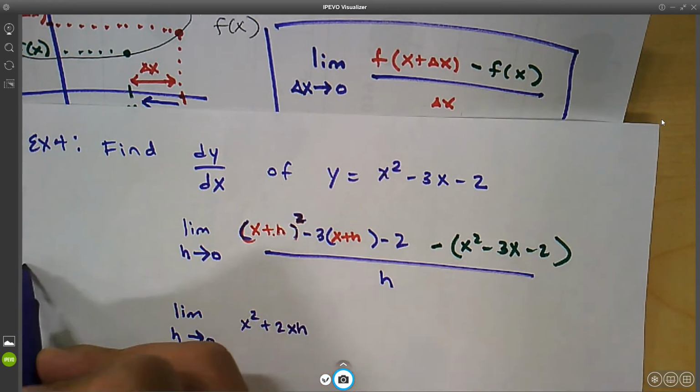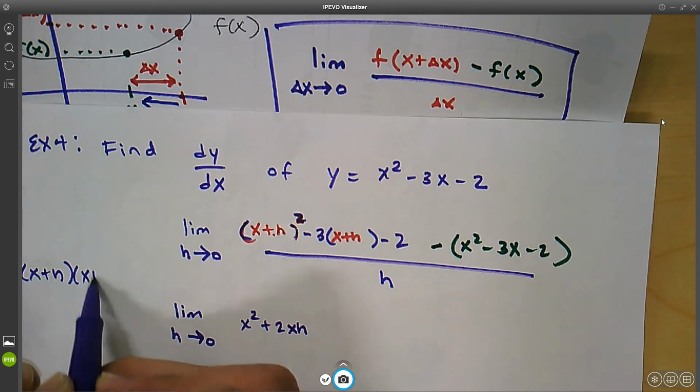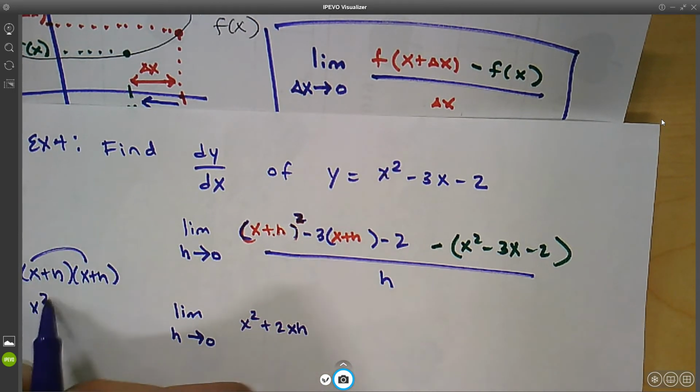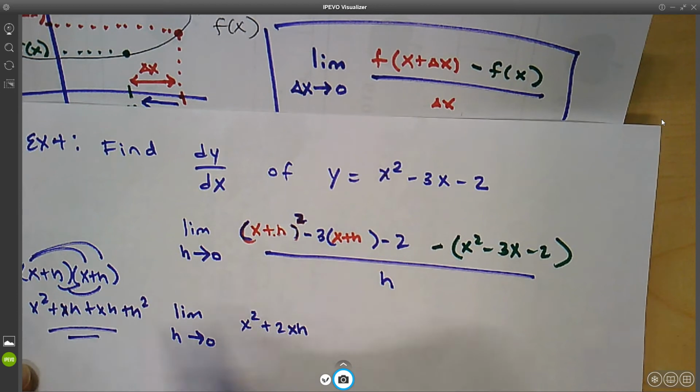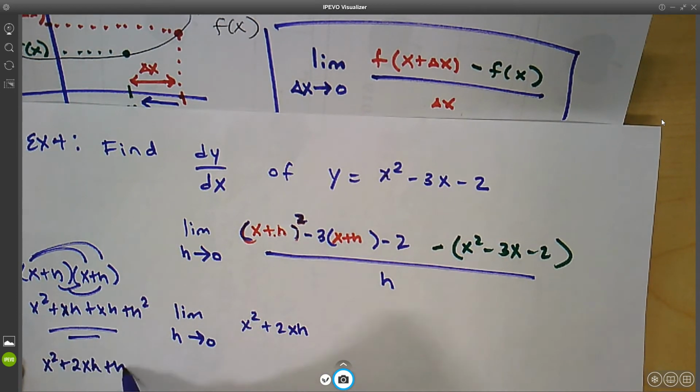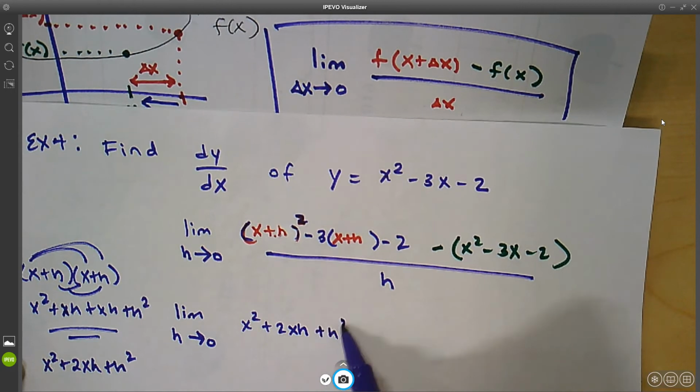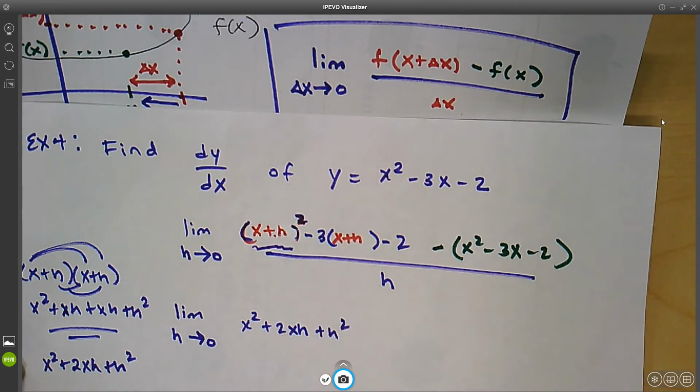I've done this a bunch of times, so I just remember. And then that becomes this. Okay, that's what I'm writing right here. x squared plus 2xh plus h squared. That's this part here.